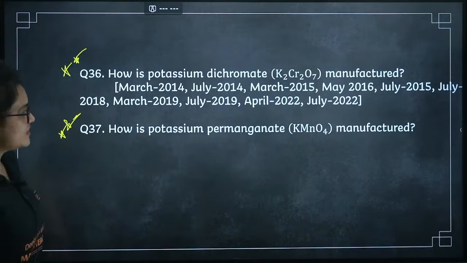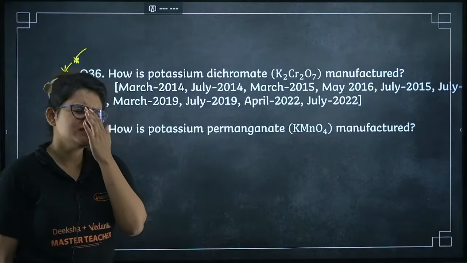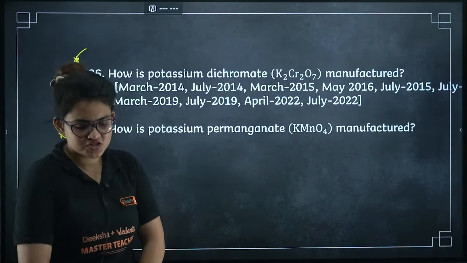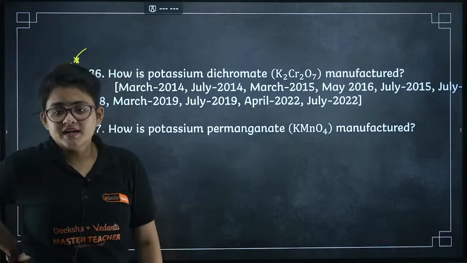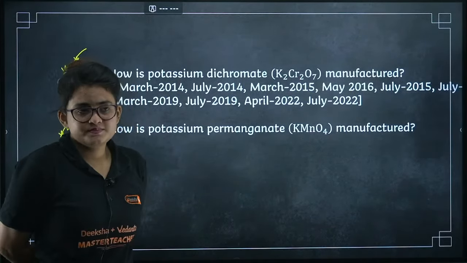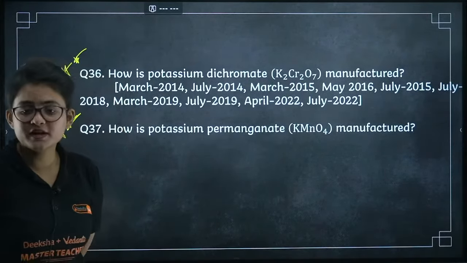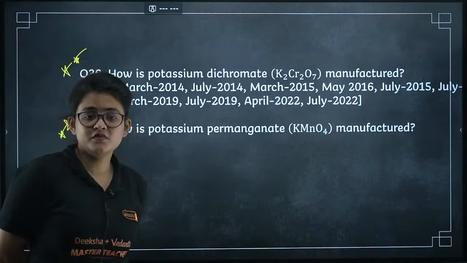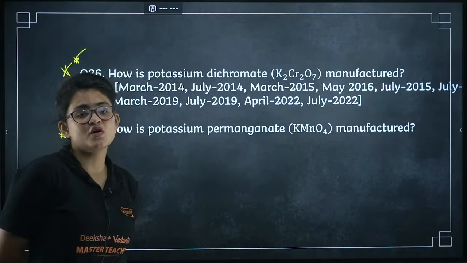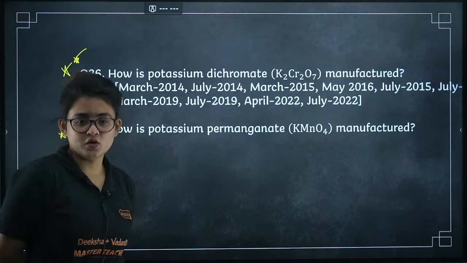How is potassium permanganate manufactured? It is one of the most important things, and along with that, one attached question you can expect out of it: if cinnabar is heated in the presence of oxygen, then what gas will you get out of it?